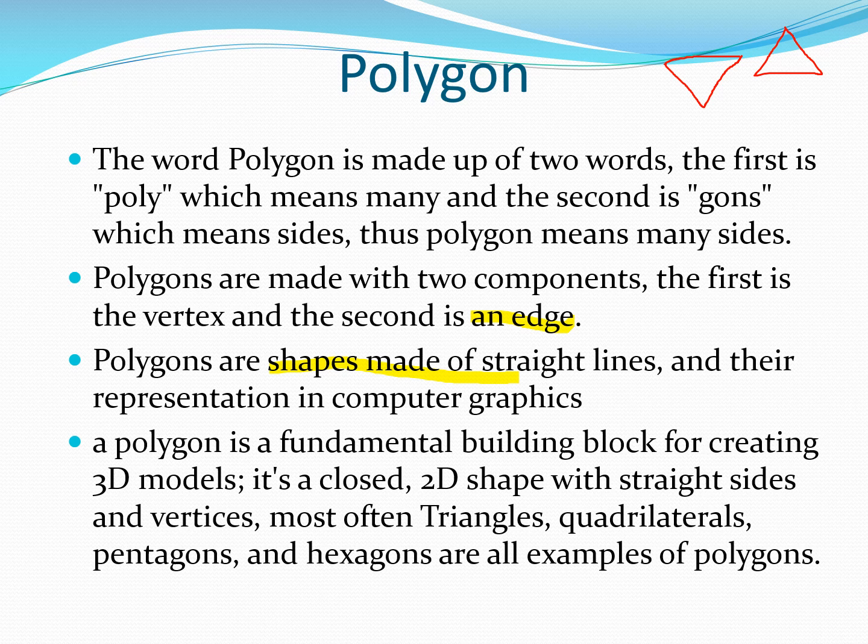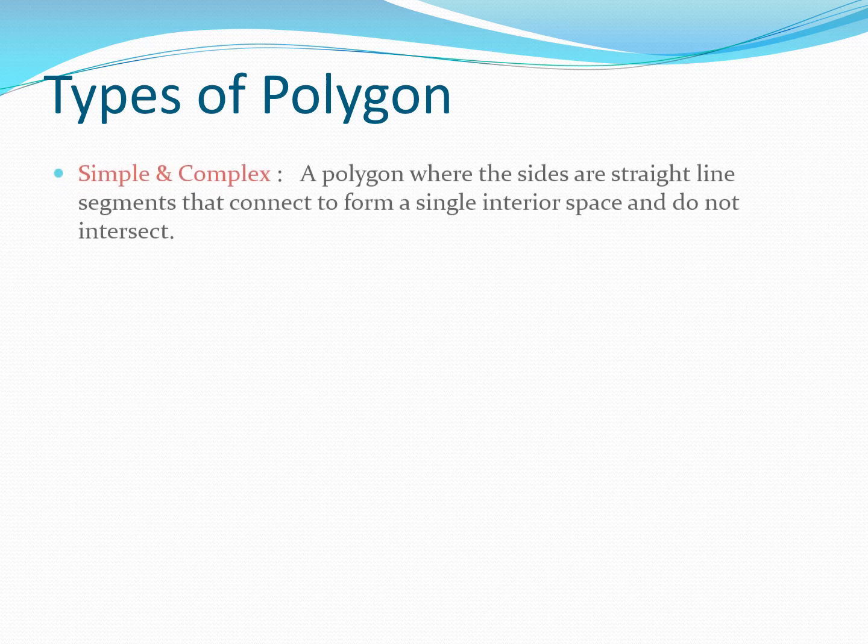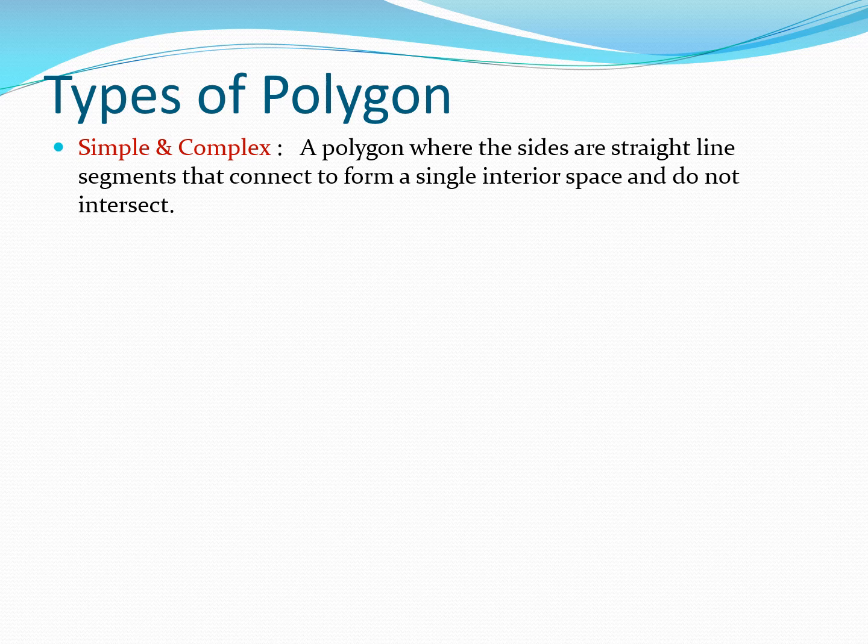Now the next topic is types of polygon. In types, we can say we are using simple and complex. How do we define whether a given polygon is simple or complex?